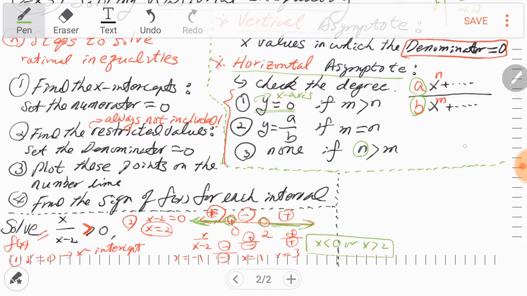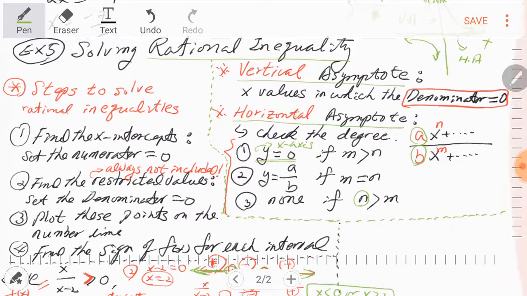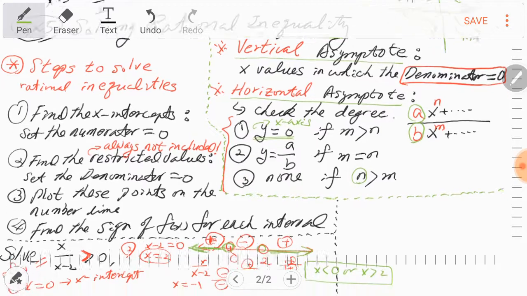Then the horizontal asymptote does not exist. So please understand the vertical asymptote and horizontal asymptote, and also how to find them. They are useful to graph rational inequalities.